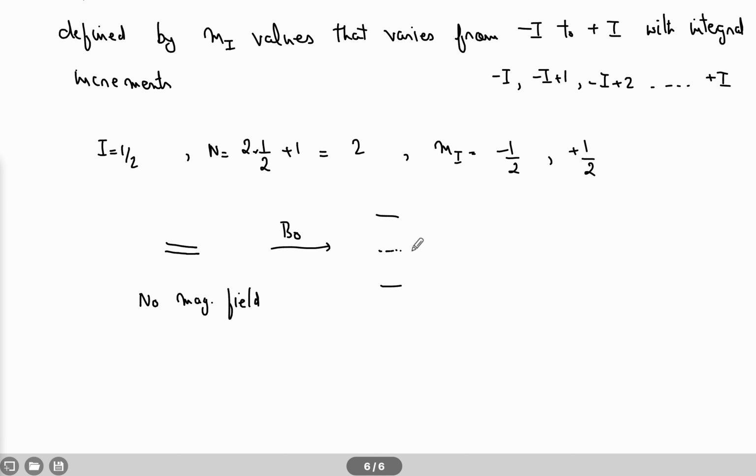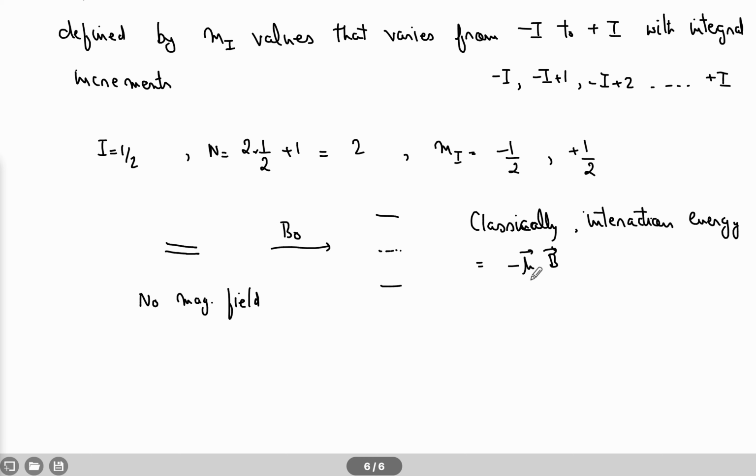So let us calculate the energy of each state here. We know that classically the interaction energy is given by minus mu dot B. This we have already seen.